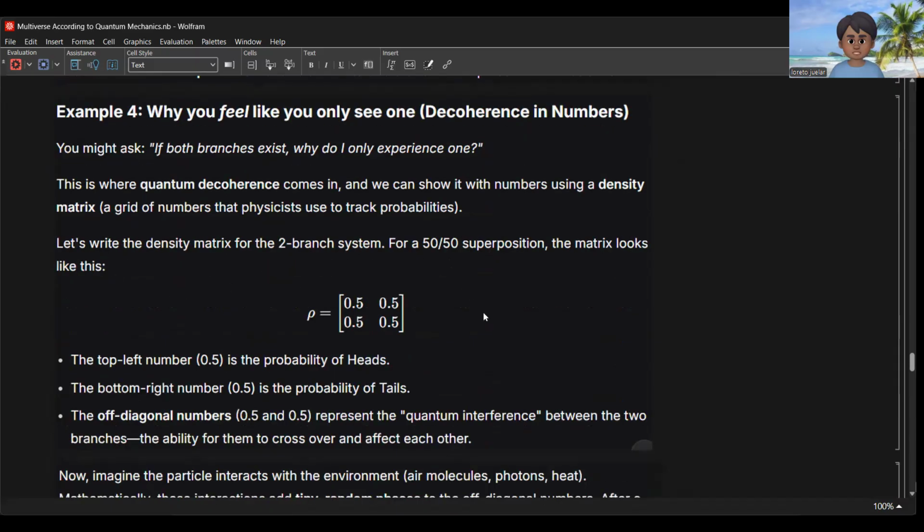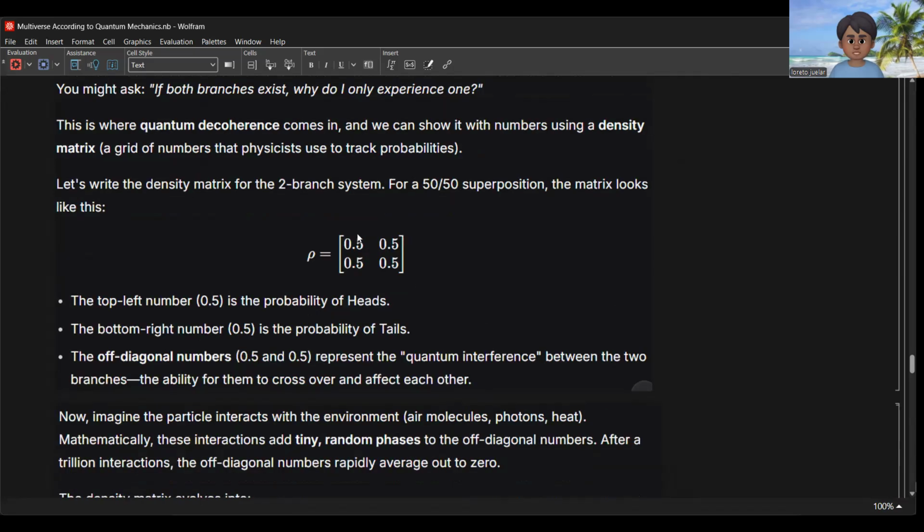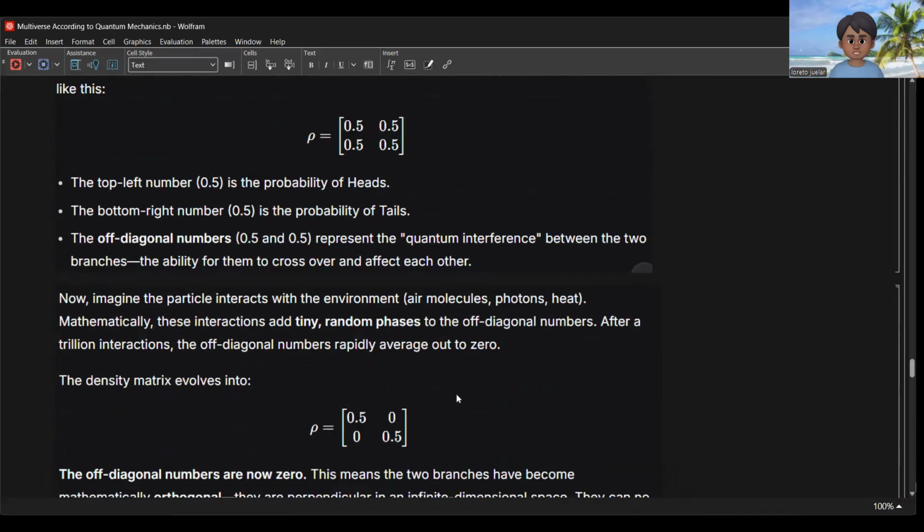For a 50-50 superposition, the matrix looks like this. The top left number, 0.5, is the probability of heads. The bottom right number, 0.5, is the probability of tails. The off-diagonal 0.5s represent the quantum interference between the two branches, the ability for them to cross over and affect each other.